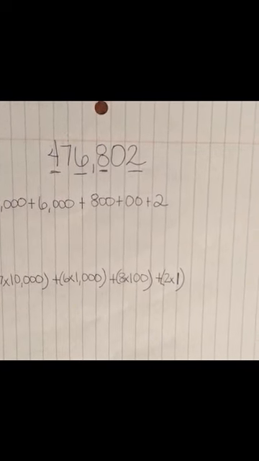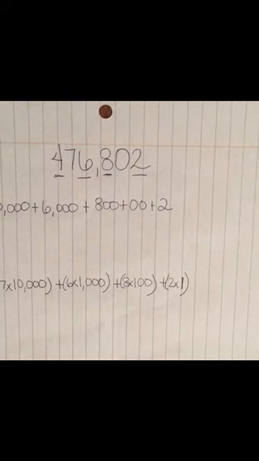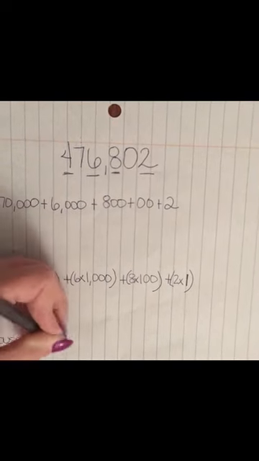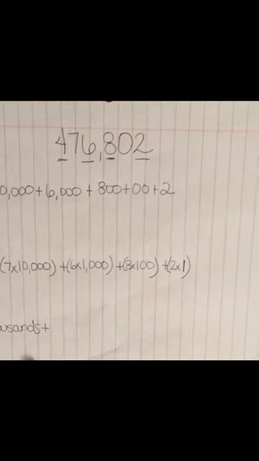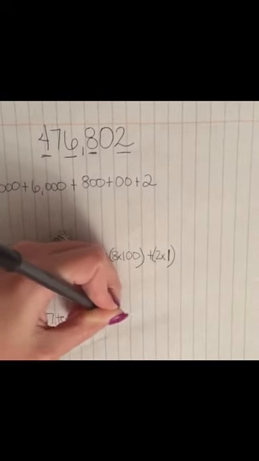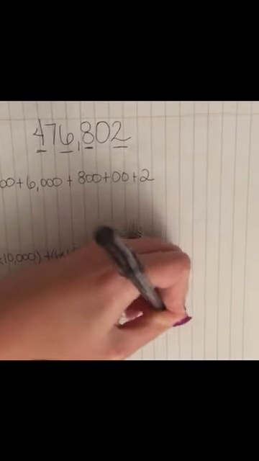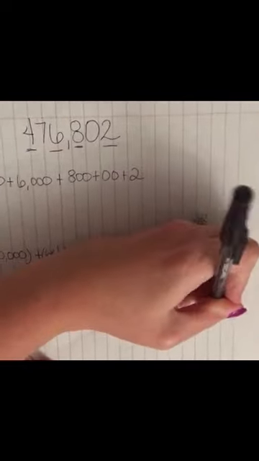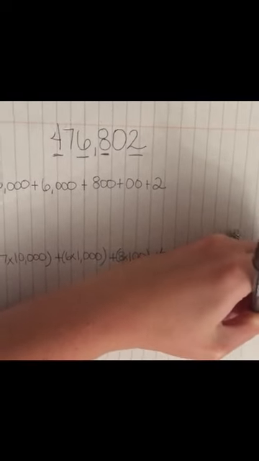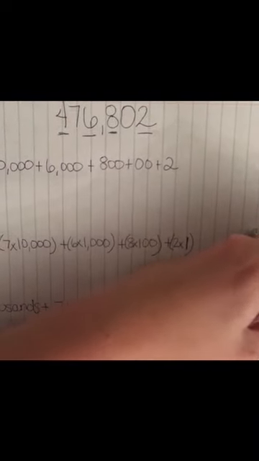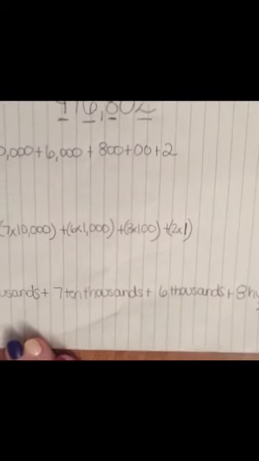So we have 400,000s, and we're going to just write it out. 400,000s plus 7 10,000s plus 6,000s plus 800s plus, and I'll cram it down here, 2 1s.